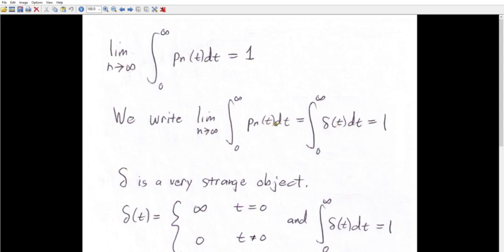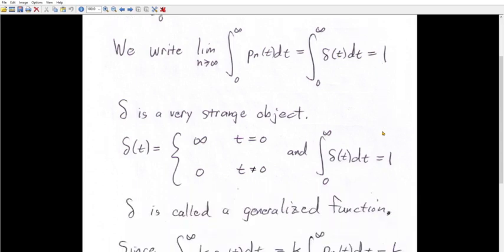What happens to our pulse functions as the interval on which they're non-zero shrinks to 0, but their height goes to infinity, but it does it in such a fashion that the area under the curve is always 1.